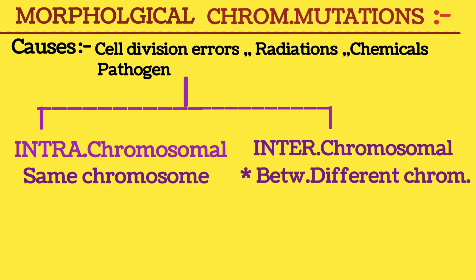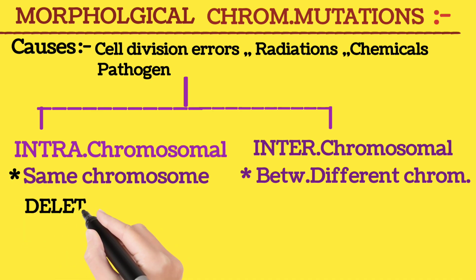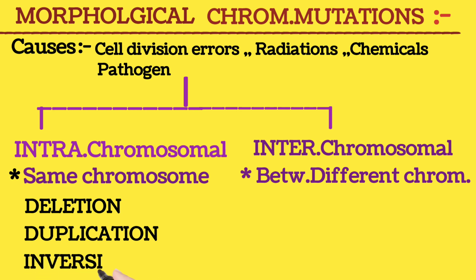Later on, intrachromosomal mutations have different subtypes. The first one is known as deletion. Accordingly, the second very important type is known as duplication. And we have a third very prominent case, known as inversion.